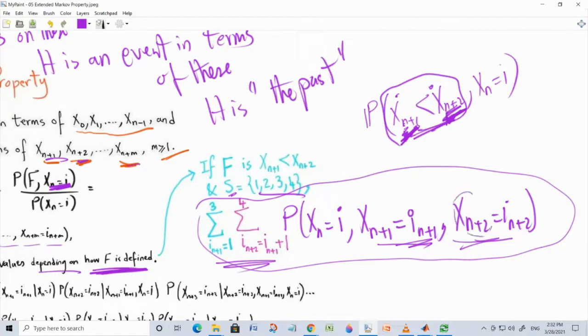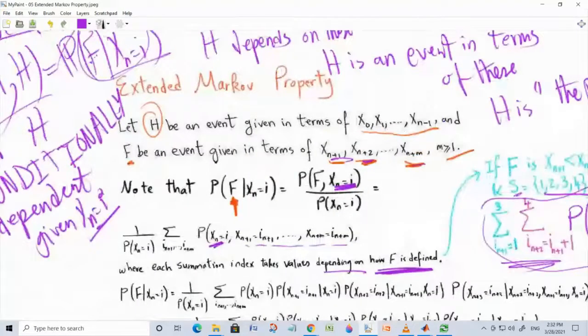Event f is that this variable is strictly greater than this one, because i_{n+1} takes values from 1 up to 3, every possible value except the largest, and X_{n+2} takes all possible values greater than X_{n+1}. So the sums depend on how the event f is defined in terms of those variables, and that tells you what the limits of each sum look like.